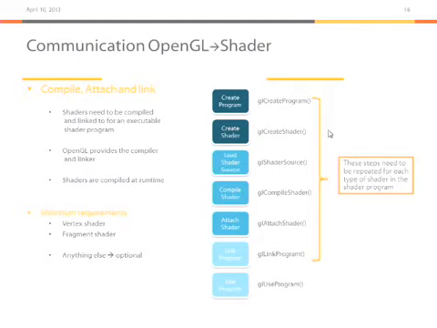You create the program, just the object file, the class file. Then you input the source code. Then you compile it. Then you attach it, so attach and link. Basically, for attach, you can compile many shaders.